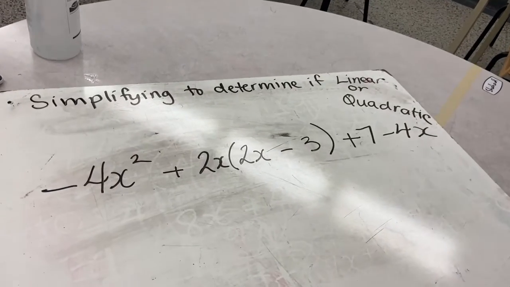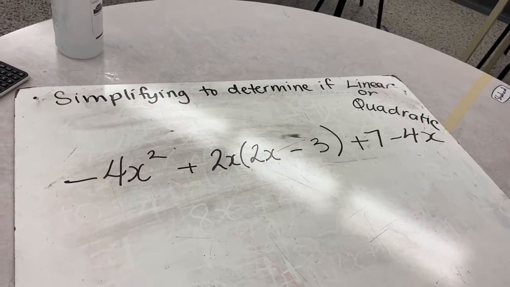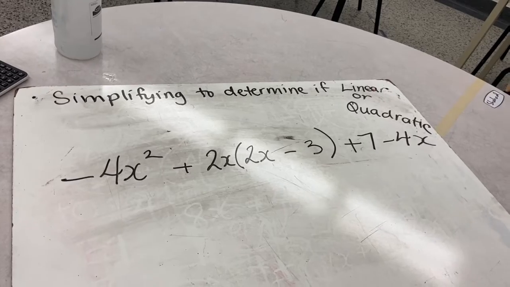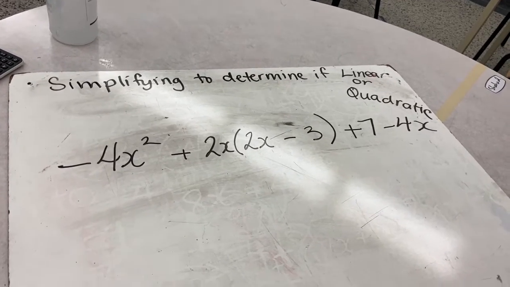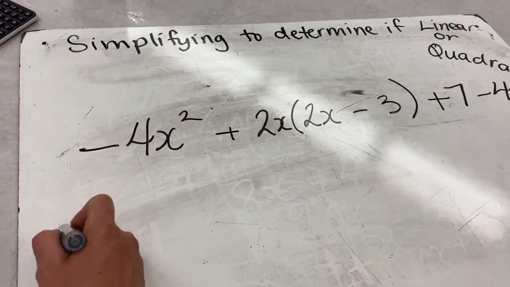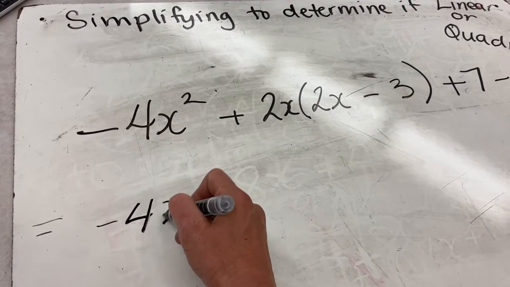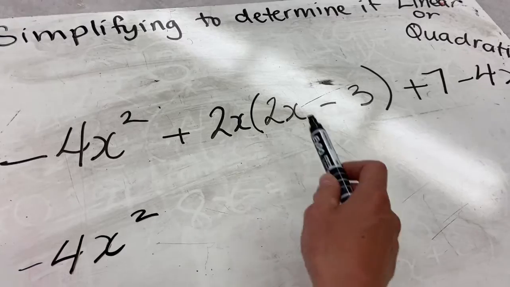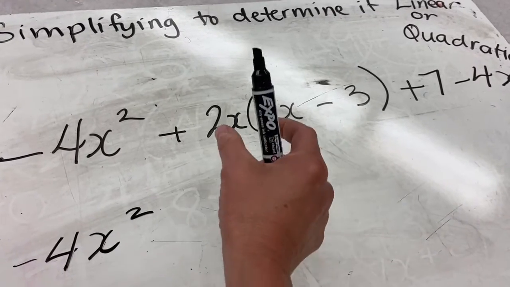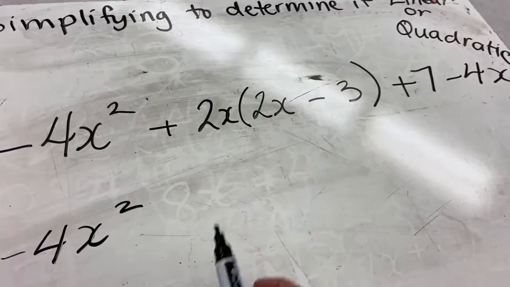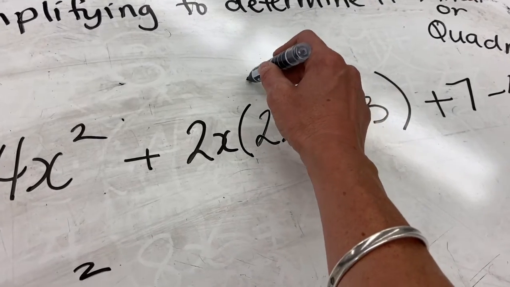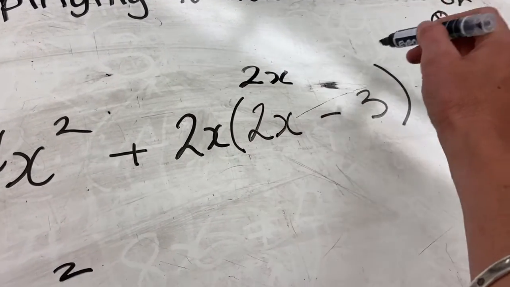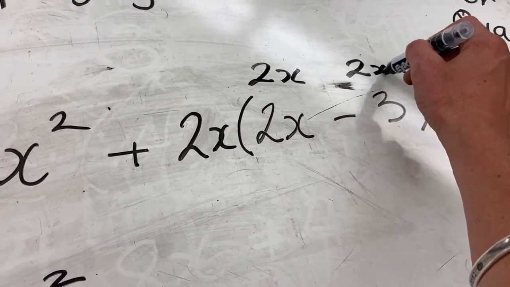So let's first always start with the multiplication, because BEDMAS tells us we should do multiplication before we do addition and subtraction. So here I have minus 4x squared, that's not changing. But here in the middle, this is where the multiplication is happening, because I've got this 2x right up next to the bracket. So that means I need to multiply the first part by 2x and the second part by 2x.